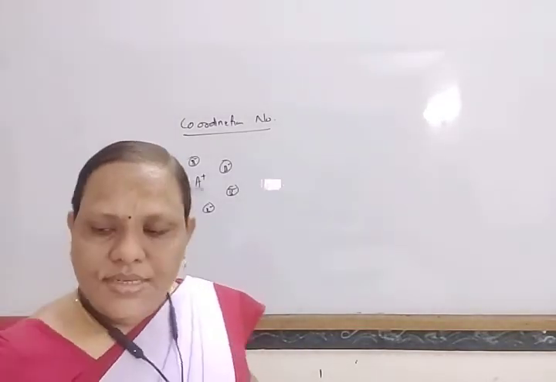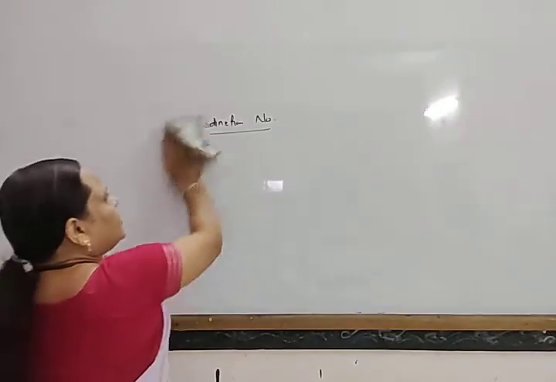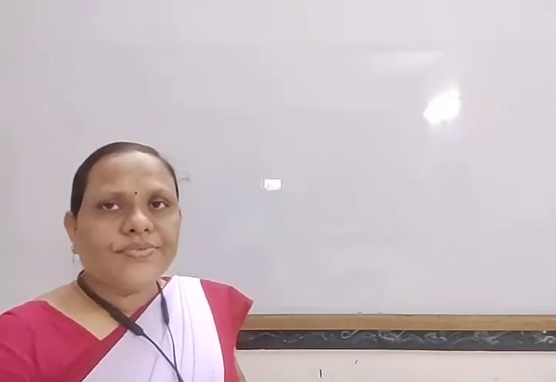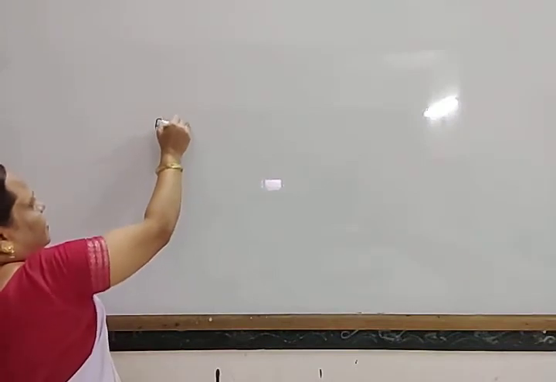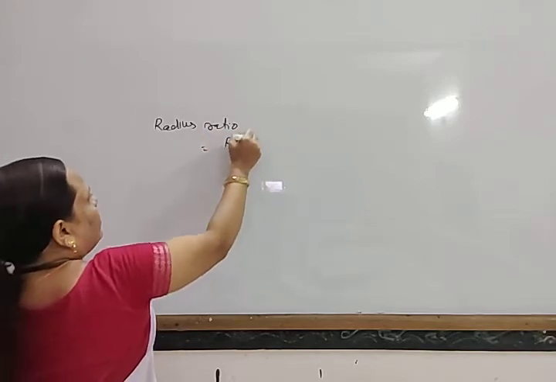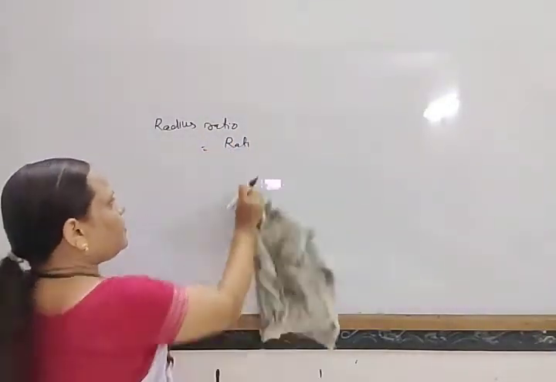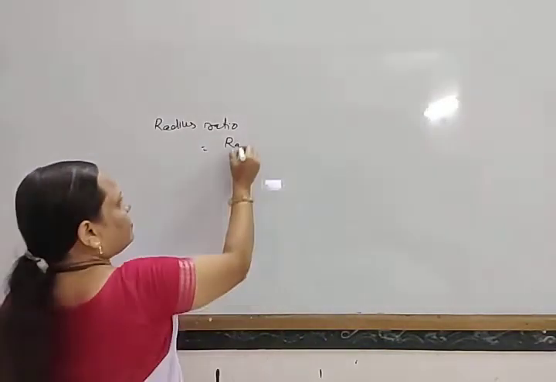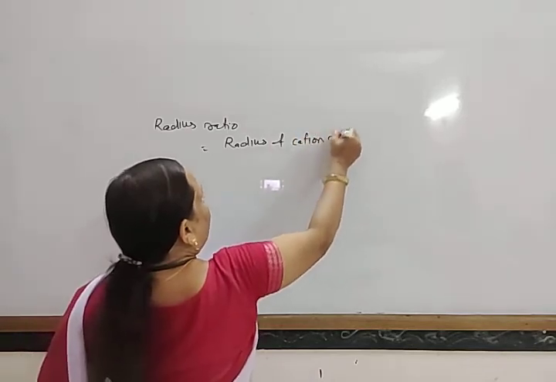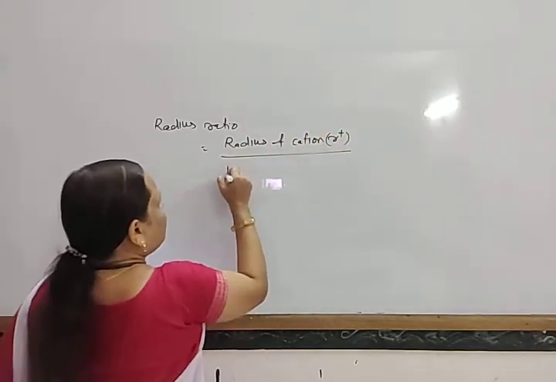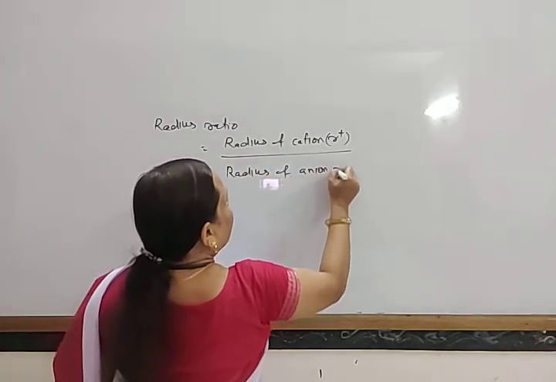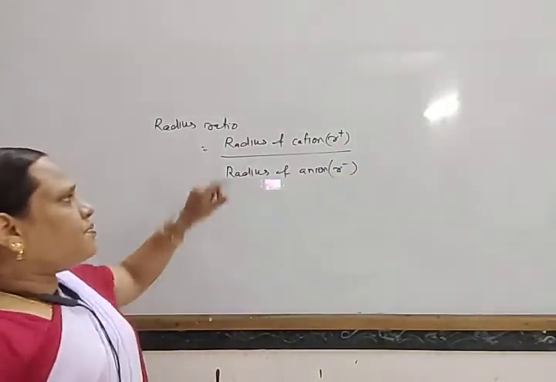So what is this radius ratio? Radius ratio is the ratio of the radius of cation to the radius of anion. That is, radius of cation, r plus, to radius of anion, r minus.